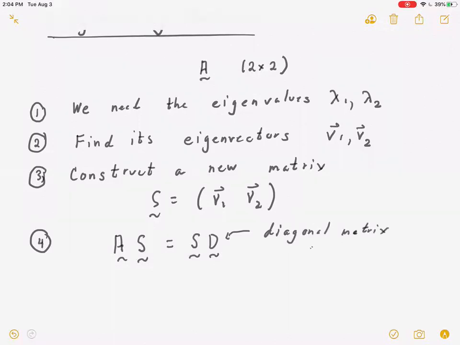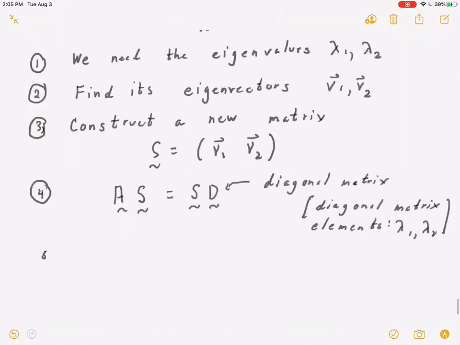And its diagonal matrix elements are in fact the eigenvalues, lambda sub 1 and lambda sub 2.